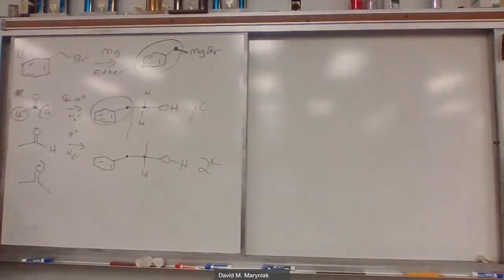So if we just want to predict the overall outcome of Grignard on a ketone followed by acidic water workup, what do we know we're going to add to the carbon of the aldehyde or ketone?